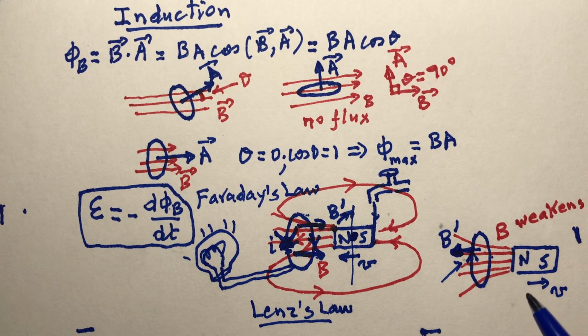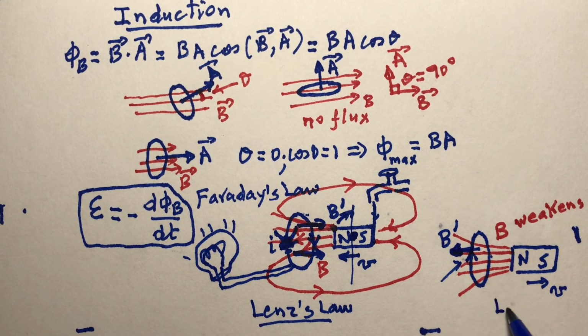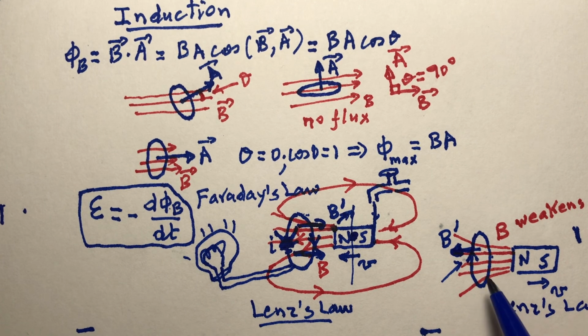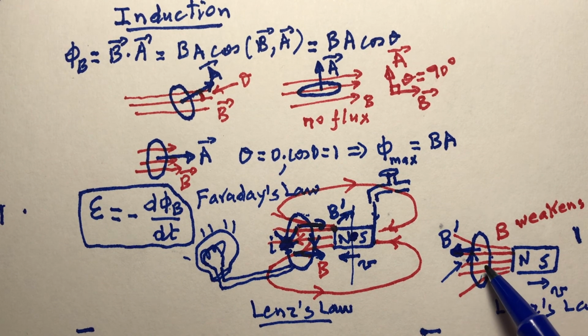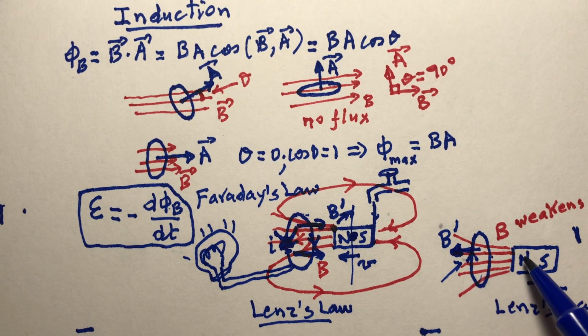Okay. So this is again Lenz's law. It states that the current will go in a certain direction to compensate for the B field. If the B field is coming in, it will go in a direction to oppose that B field.